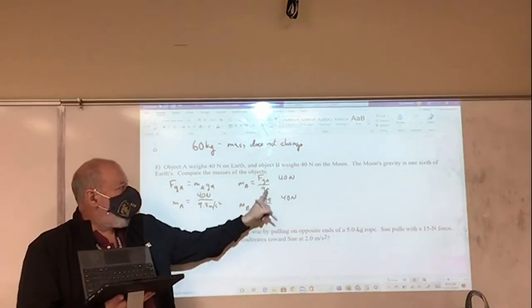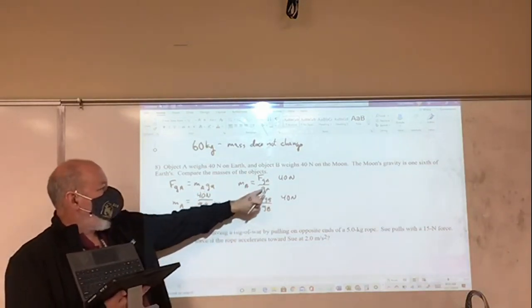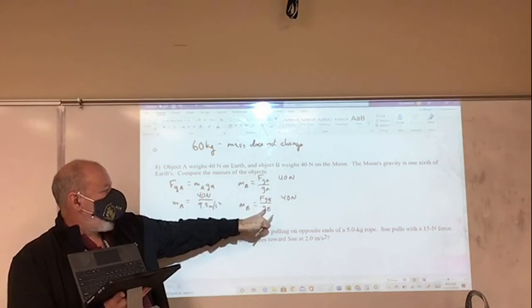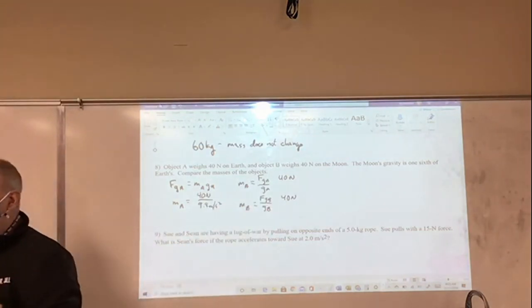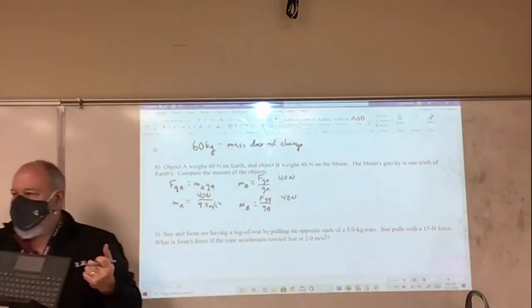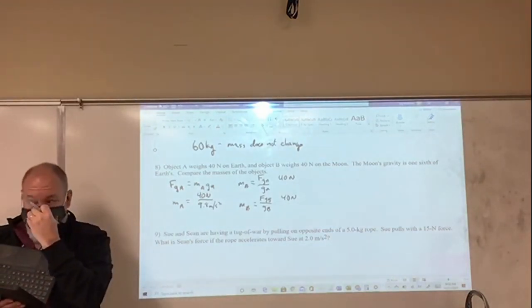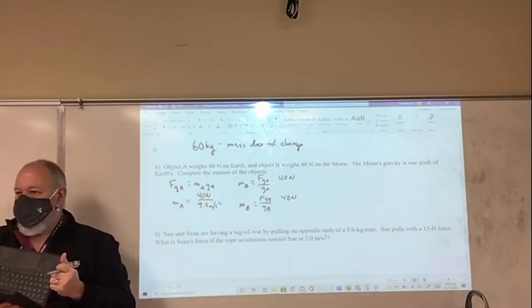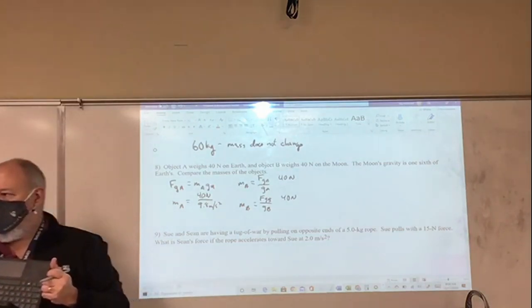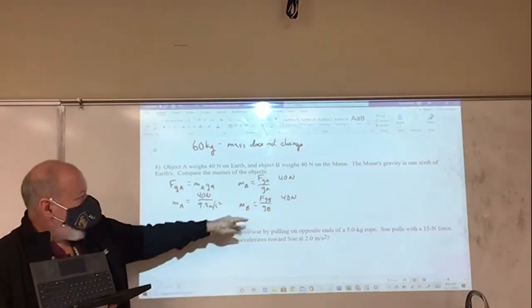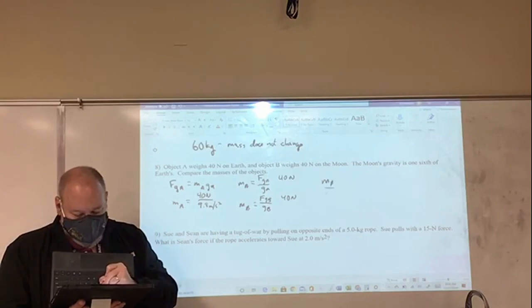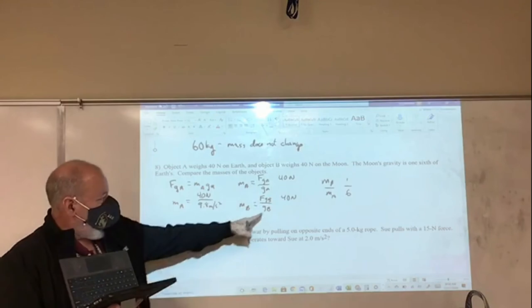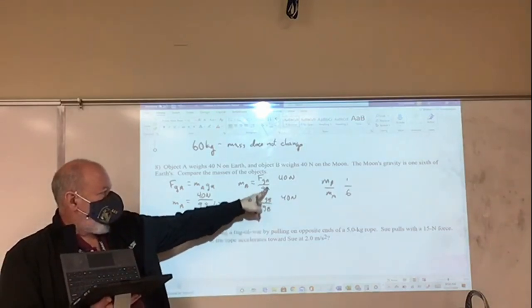So the ratio of the masses is just going to depend on the ratio of the acceleration due to gravity. So all you would have to say here is mass B is 1/6 of the mass of mass A. If I said mass B over mass A, that would be 1/6, because the ratio of this to this is 1/6, right?